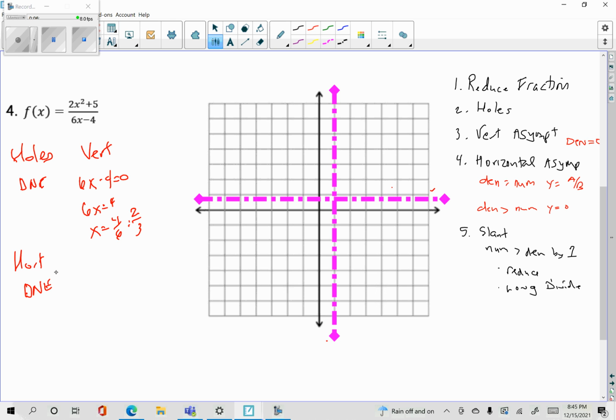All right, so this one's going to have a slant. Since the top is bigger than the bottom, I'm going to divide 2x squared plus 0x plus 5 by 6x minus 4. So what times 6 gets me 2?